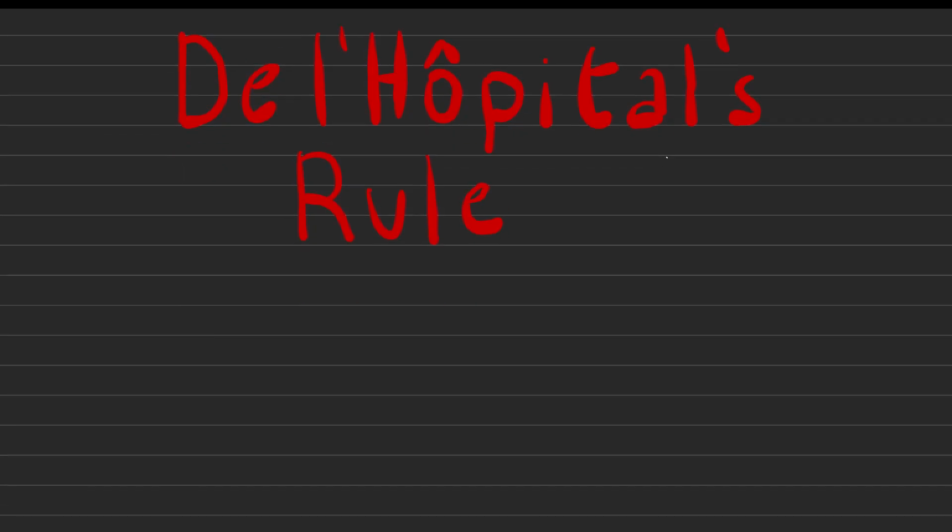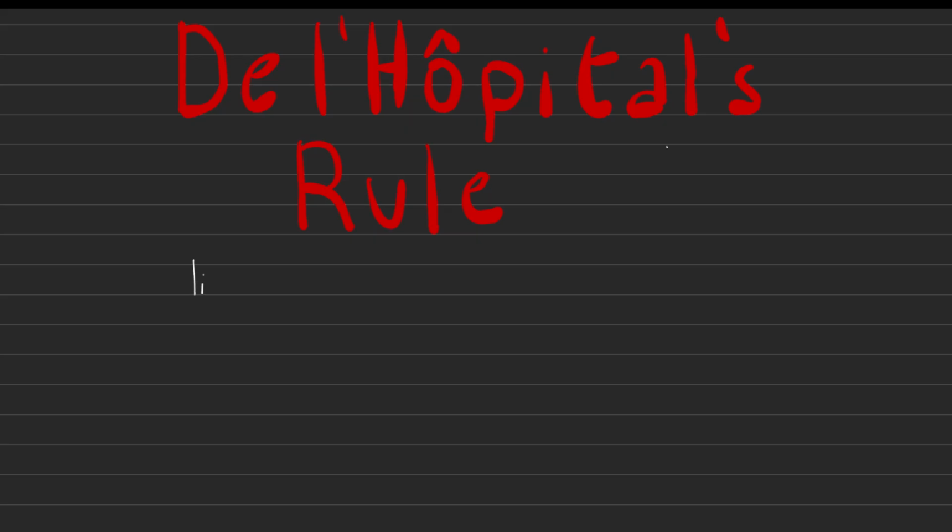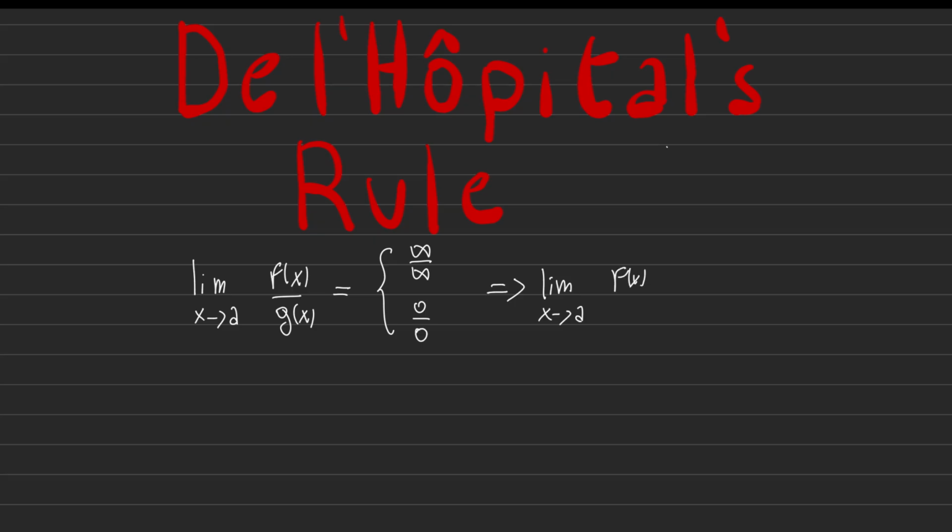It says that when we want to compute the limit as x goes to some value a, which can also be infinity, of f of x over g of x, and this is of the form infinity over infinity or 0 over 0, so it is an indeterminate form, then the limit as x goes to a of f of x over g of x is equal to the limit as x goes to a of f prime of x divided by g prime of x.